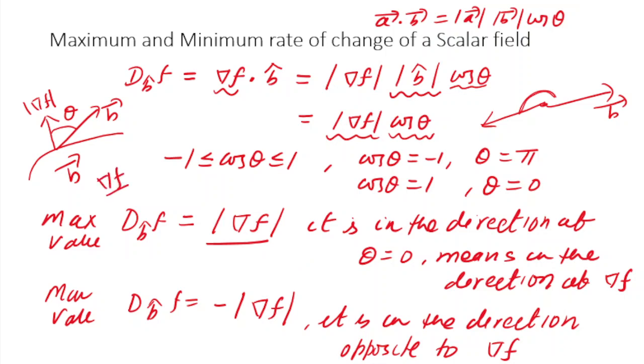Del f is the direction of the normal vector to the surface, right? And what is its maximum value? Its maximum value is just the magnitude of del f. What is the minimum value of the directional derivative? It is minus the magnitude of del f, and this minimum value is in the direction opposite to the gradient, that is del f.